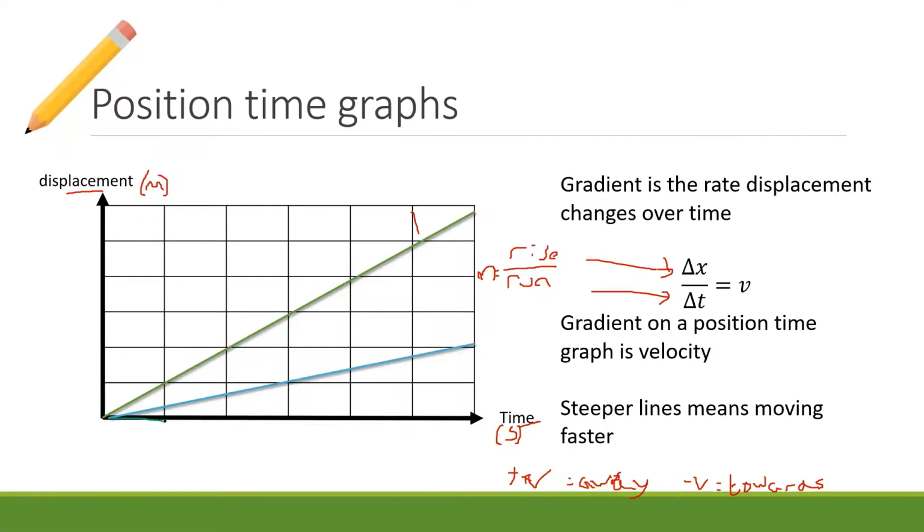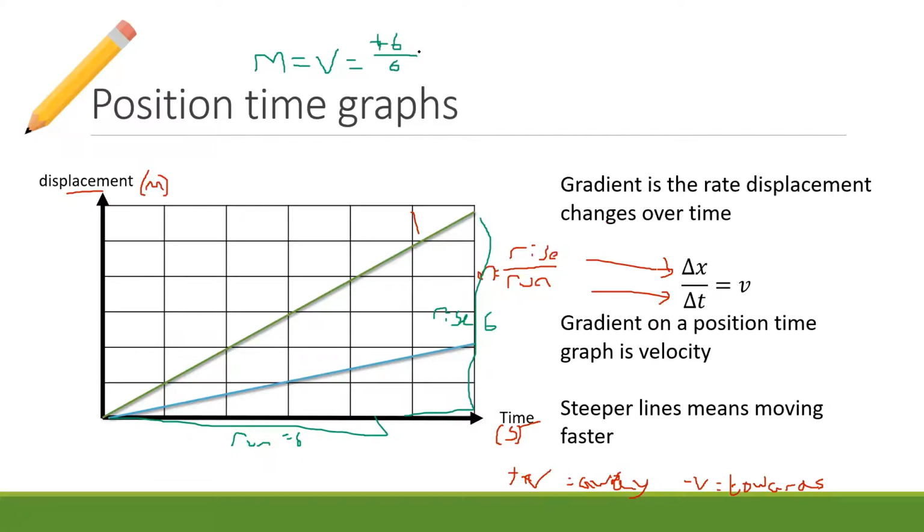If I draw this triangle here, I have a rise of 6. I have a run of 6. So therefore my m, which is the same as my velocity, is a rise of 6 over a run of 6 seconds.